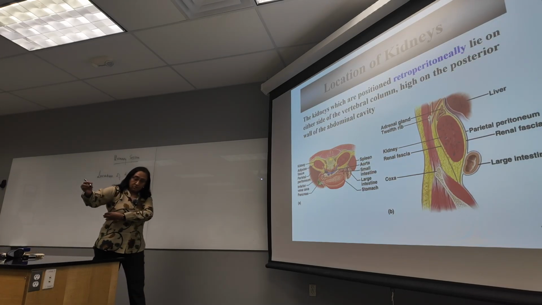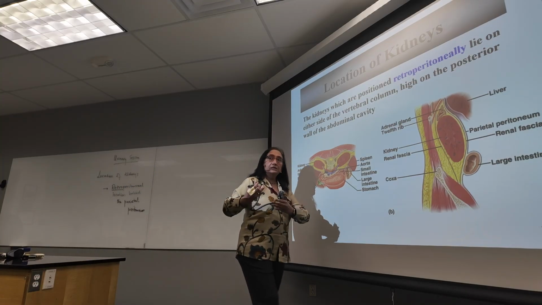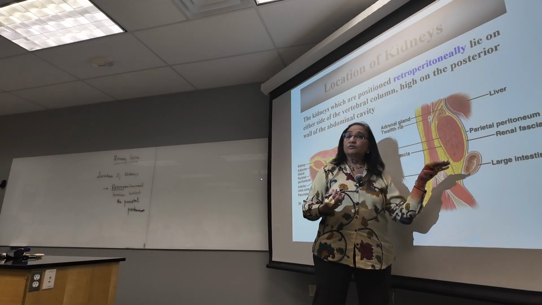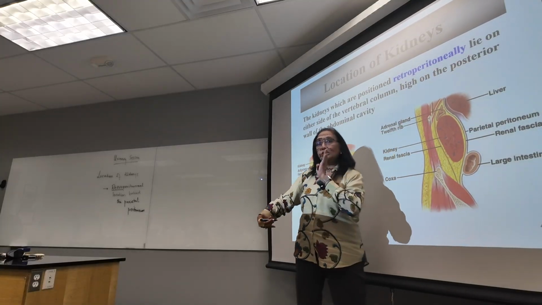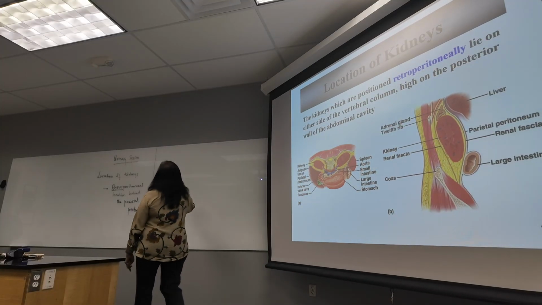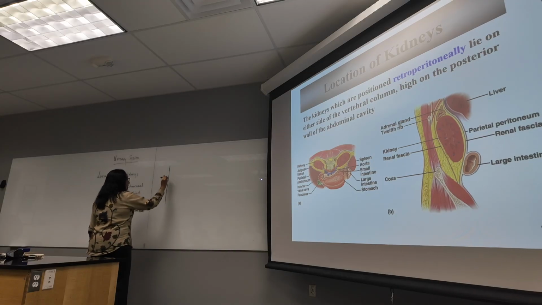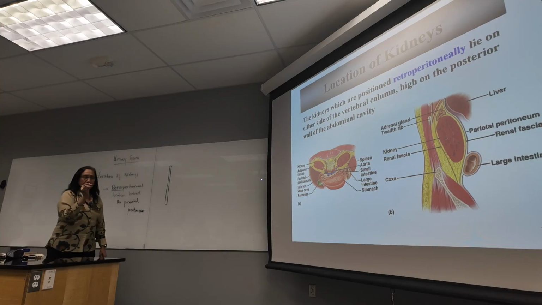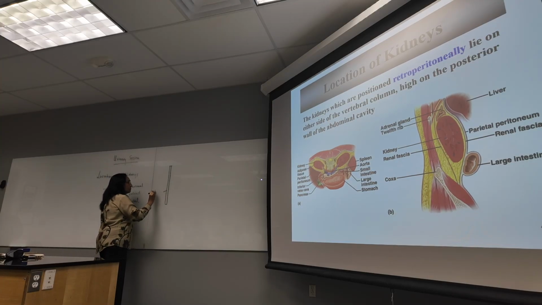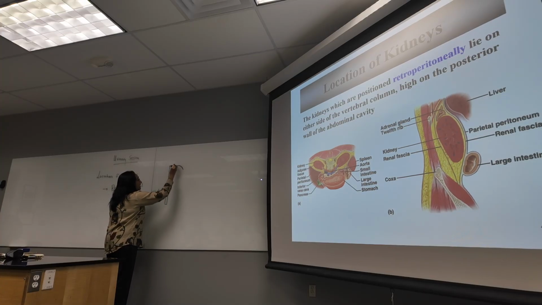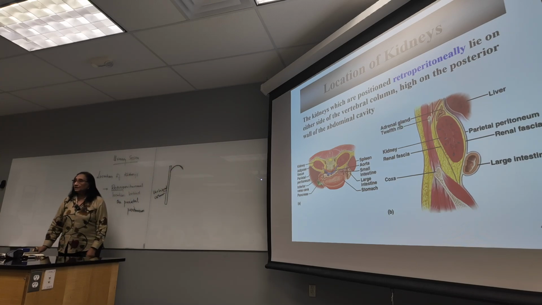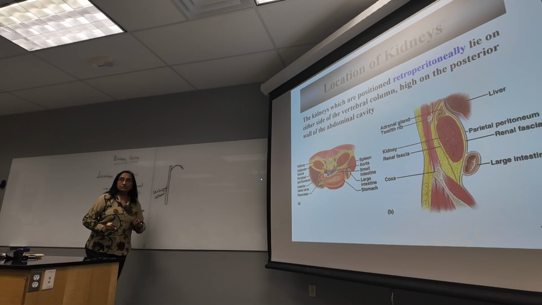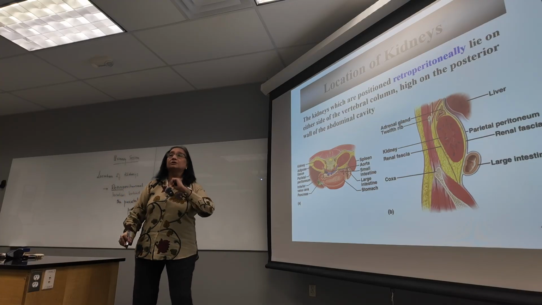So if you were to look at the abdominal region of the body from the side, okay, when you look at a lateral view, you have the vertebral column. Okay, I'm just diagrammatically drawing it so that you understand. So this is your vertebral column. That's the diaphragm. Okay. The kidney is located just on top of the vertebral column.